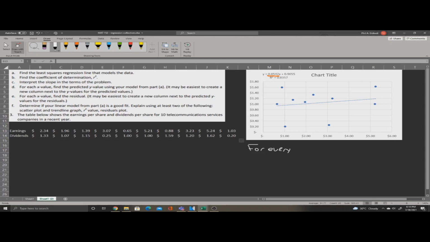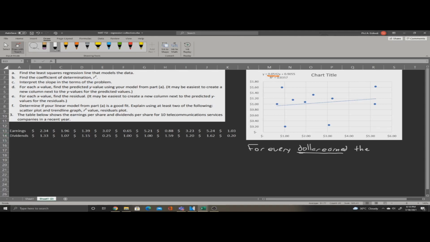Now, rather than saying the letter x here, we'll use the first row, the earnings, for our x. So we'll say for every dollar earned, the y will change by 0.0542.